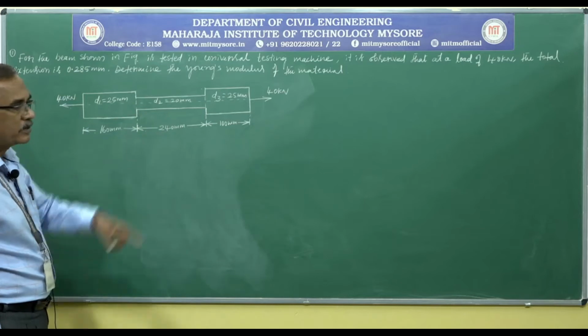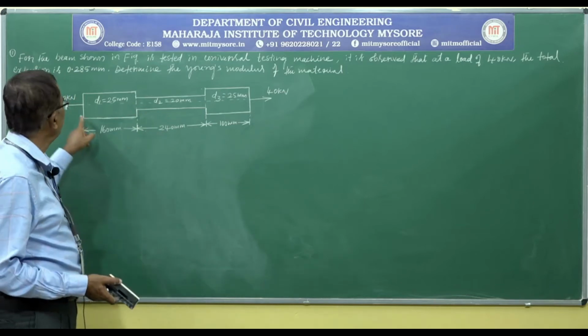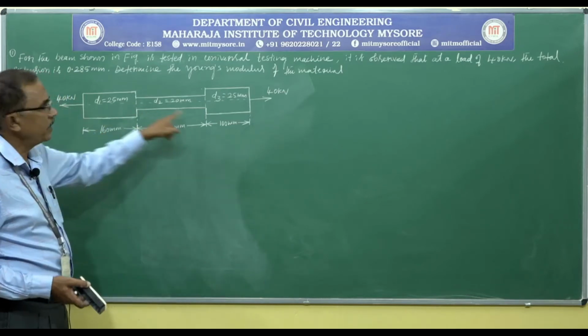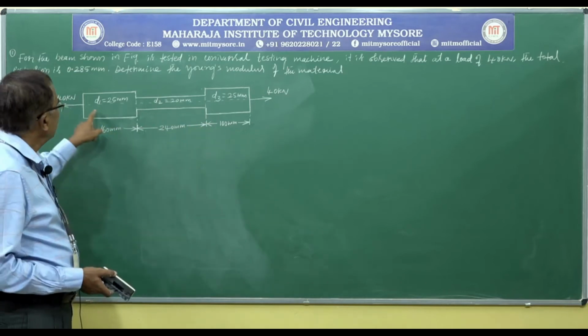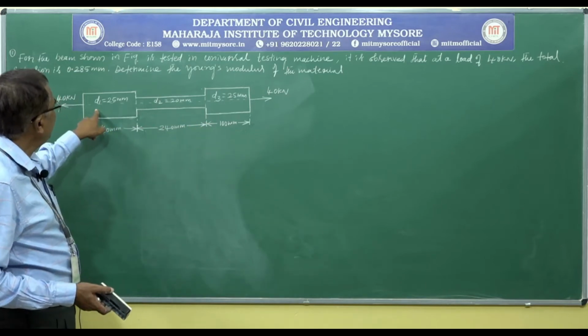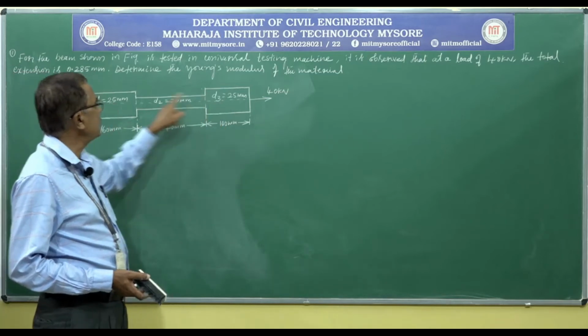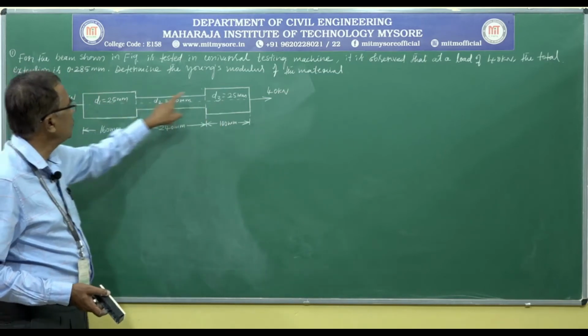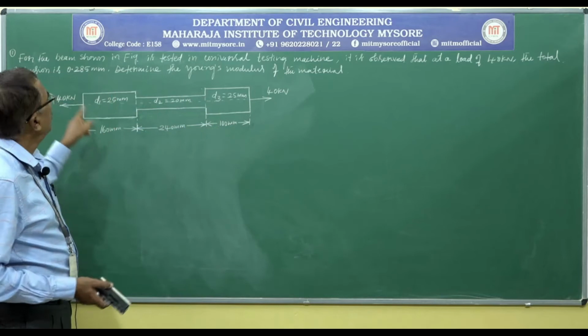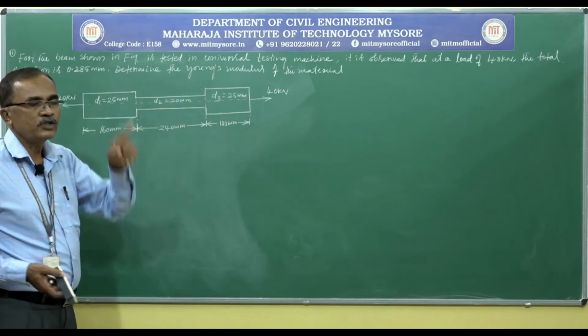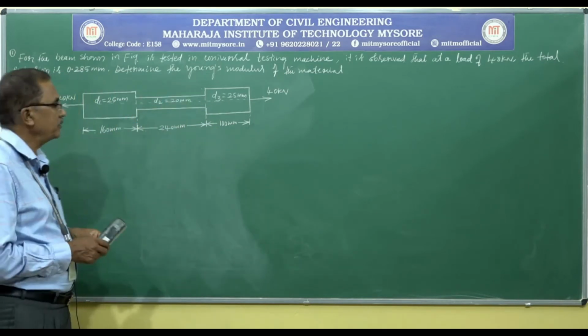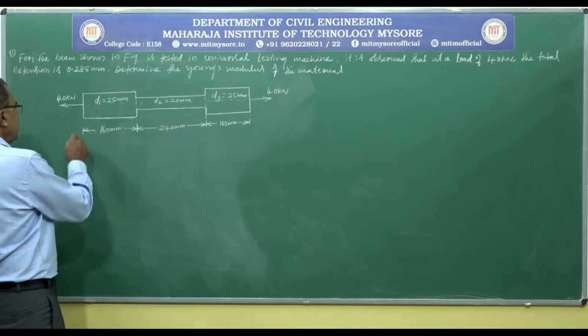Here the bar of varying cross section is subjected to an axial load of 40 kilonewton. The bar has different cross sectional areas, meaning different diameters d1, d2, d3. For this, we are asked to find the Young's modulus of the material. Now let us write the given data first.